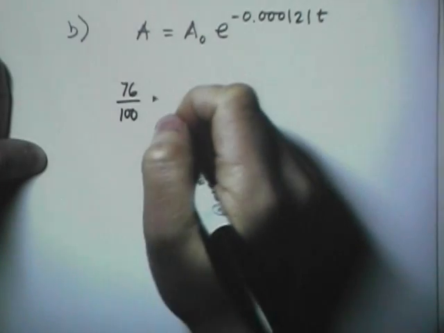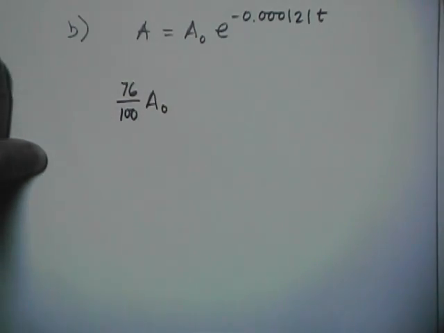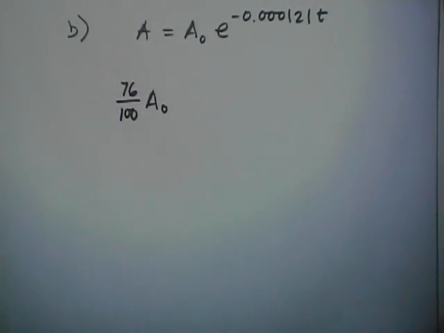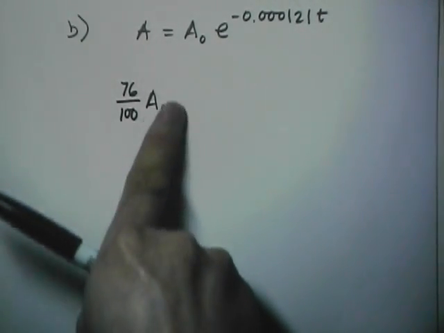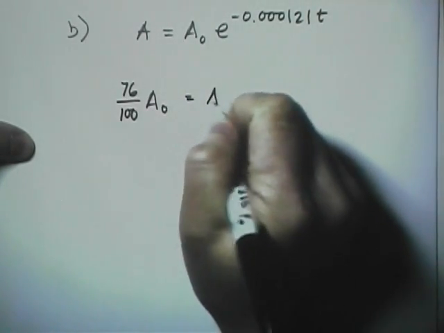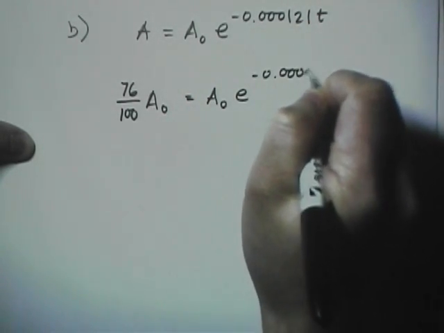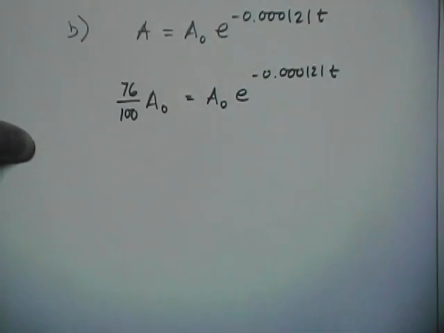So this is how we express the left side of the equation, 76% A sub 0, because at the time we found it, there is only a portion, 76% of the original, left over. We substitute 76 over 100 times A sub 0 on the left side, and that equals A sub 0 times e to the minus 0.000121 t on the right side.